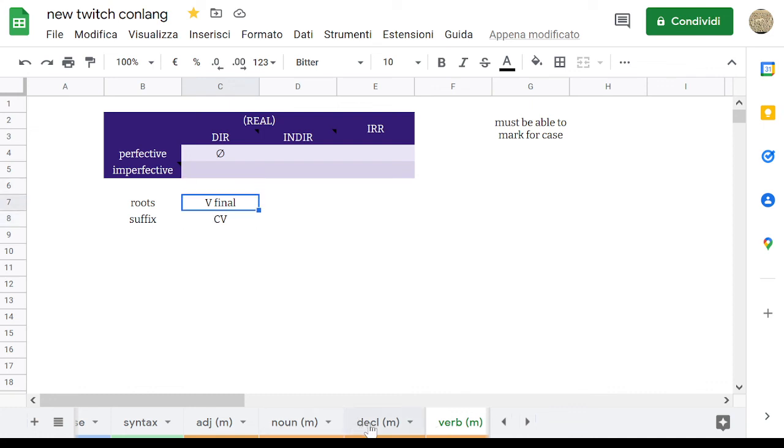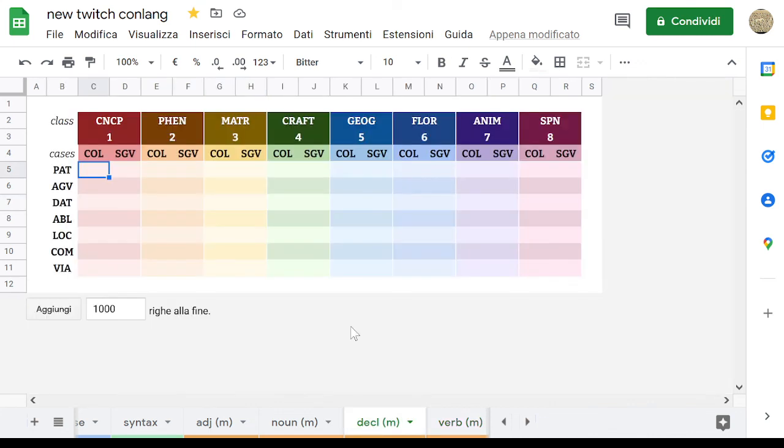Now, if my roots are vowel final, then how does that impact my genders, my noun classes? Well, I could still do consonants and vowels. I still need these things to end in vowels so that I can add the case endings to them. So these also need to end in vowels.